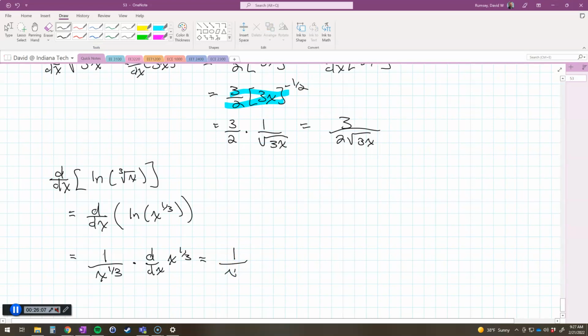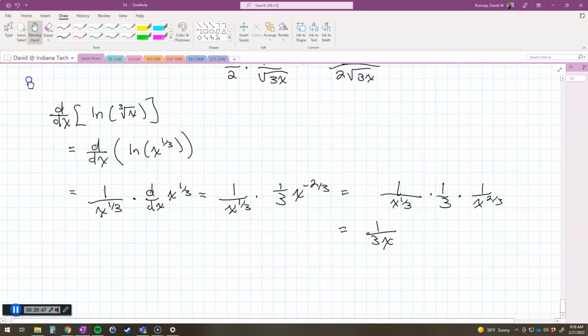We get 1 over x to the 1/3, and then this would be times 1/3 x to the minus 2/3. Now, you actually do want to simplify this, because simplifying this becomes a little bit interesting. So I'm going to first simplify this by doing 1 over x to the 1/3 times 1/3 times 1 over x to the 2/3. But then we have x to the 1/3 times x to the 2/3. And you actually get to add those exponents together, so you get 1 over 3x, which is kind of interesting.